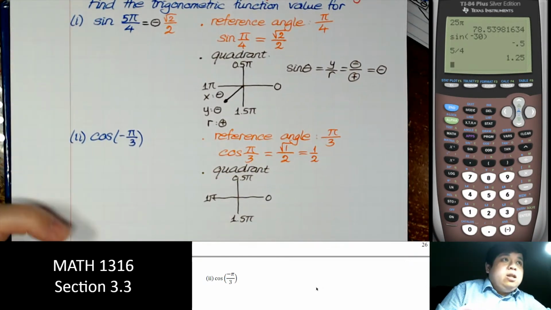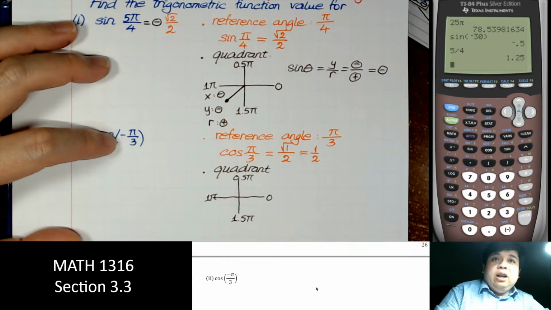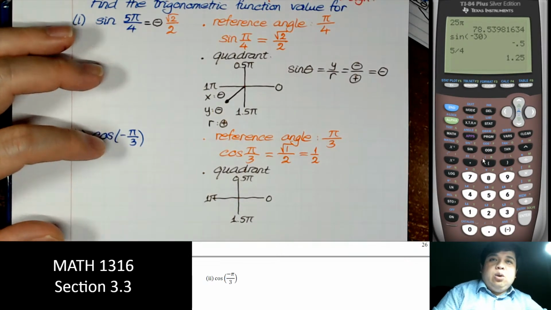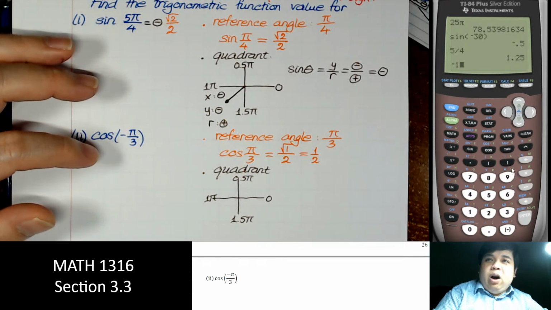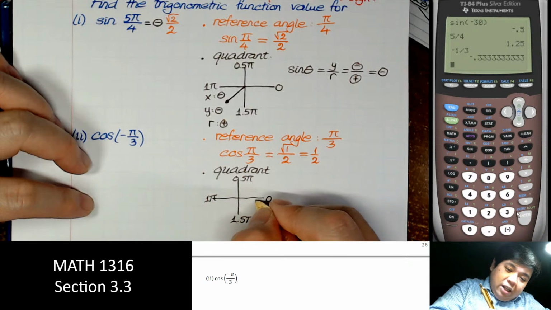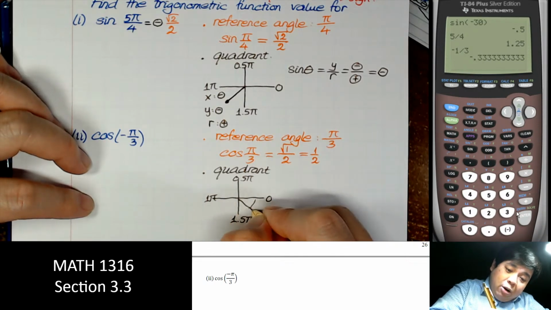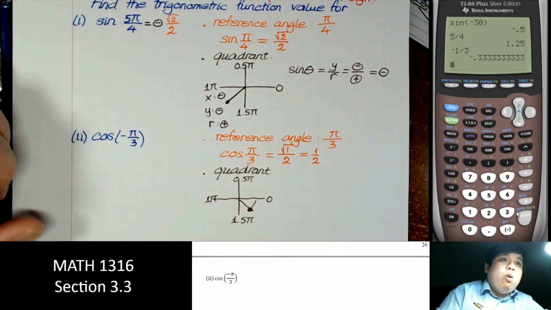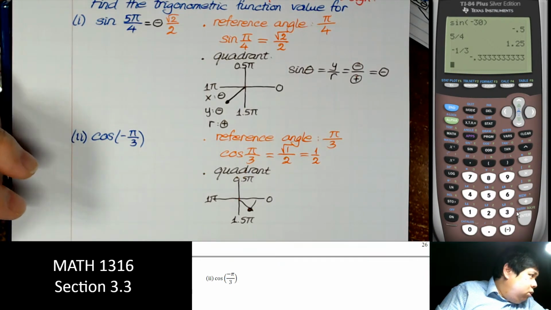If it goes clockwise, this one is negative pi over 3. So what is negative 1 divided by 3? It's about that, which goes clockwise. So it is about here, in quadrant 4.